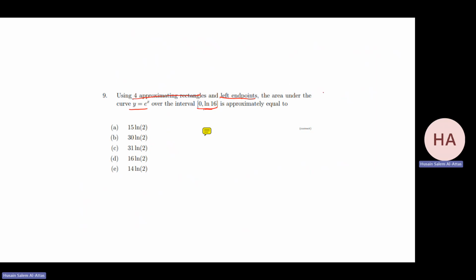So I have n equals 4, a is 0, b is ln 16. My delta x would be b minus a over n, and that will be ln 16 minus 0 over 4.